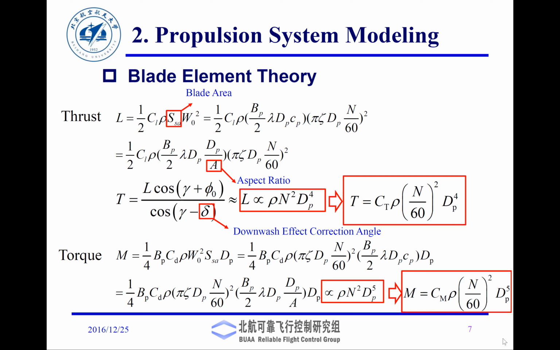That is the reason why this is super important. The moment or torque equation is proportional to the coefficient of moment, Cm, multiplied by rho multiplied by (n by 60) squared, but the diameter of the prop to the power 5. Why? Because it's a torque, it's a moment. So you have force multiplied by distance. That's why you have that equation.